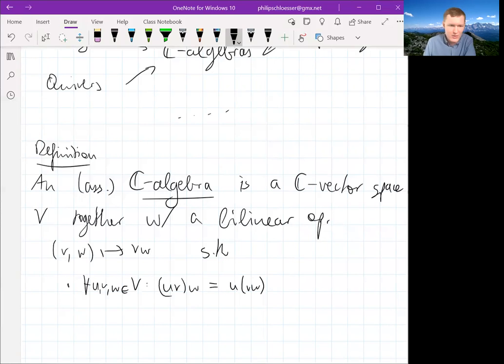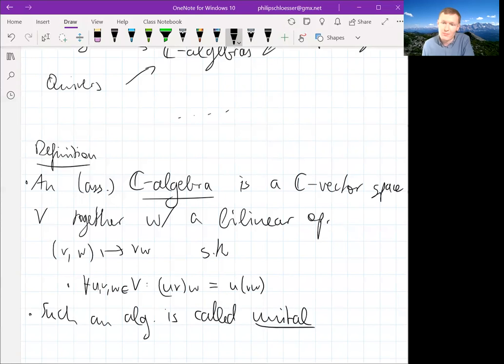And one more thing, we call an associative algebra unital if it has a 1 element.